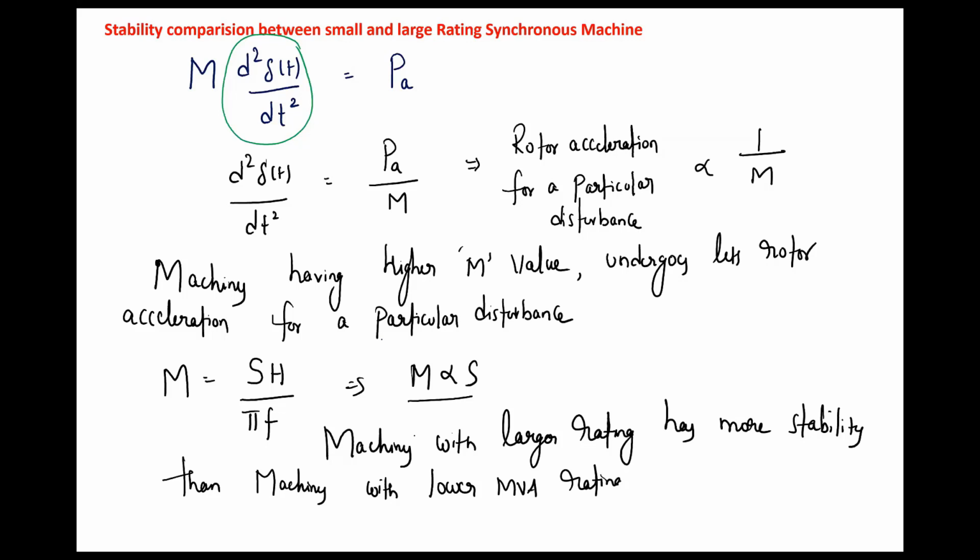That is the conclusion. Okay, so this is the concept. If someone asks you a question, which machine is having more stability for a particular disturbance, then you can clearly say the machine that is having more MVA rating is having a greater stability when compared to machines with lesser MVA rating.